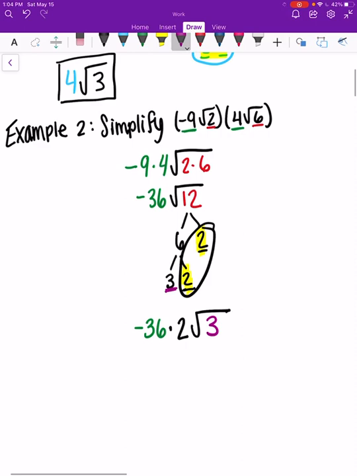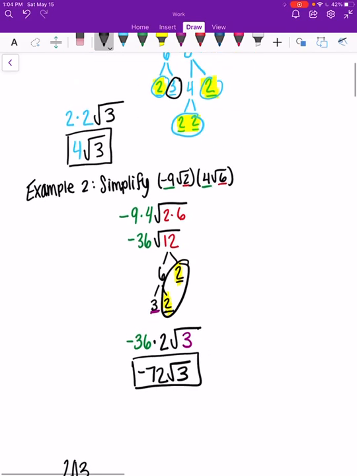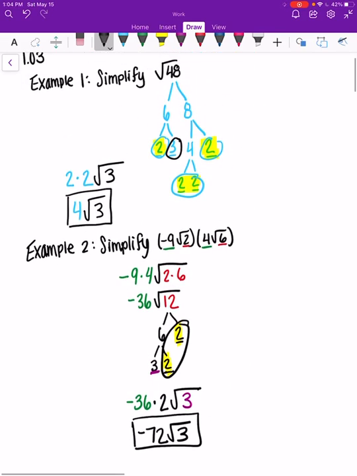And then -36 times 2 is -72 square roots of 3. And that's our final answer. Okay. Radicals can be a little tricky, so just go slow.